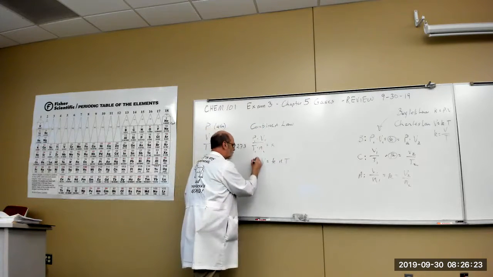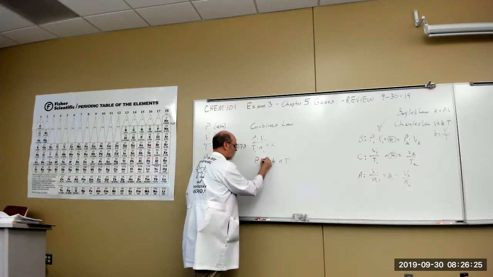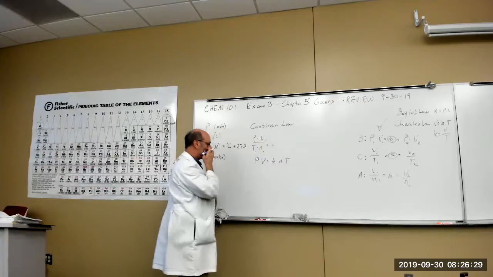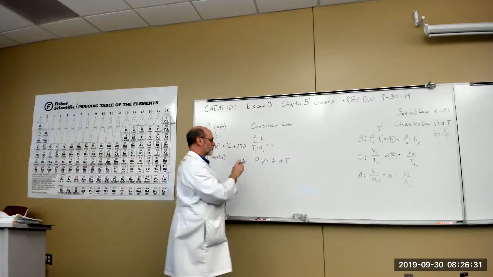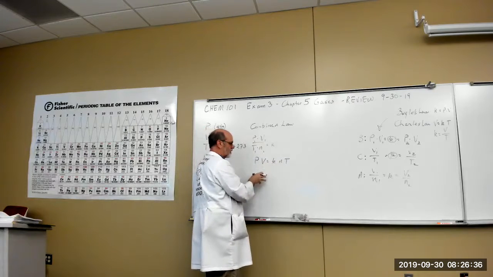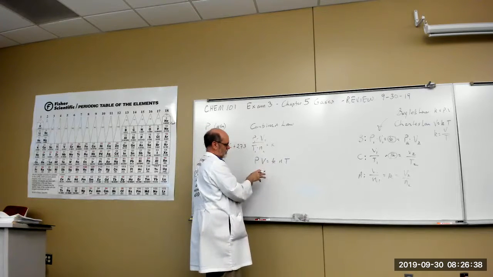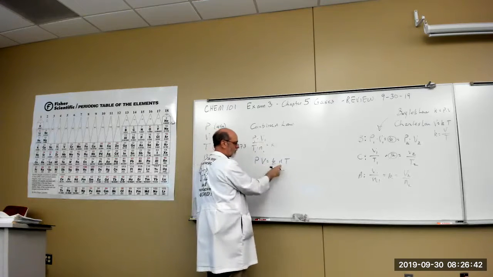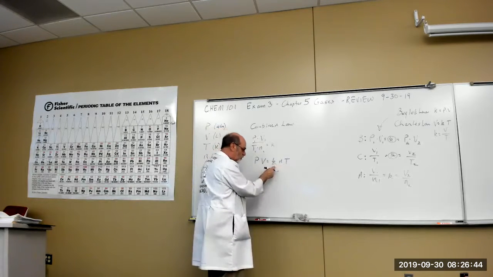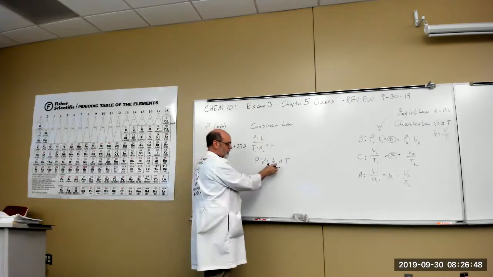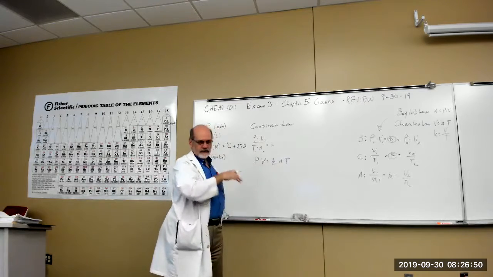Now we get an equation that we can use to determine any one of these values if we know three of them, plus the constant. Right? If we know this one, and that one, we can find out how many moles it is, as long as we know what that is. So we need a fixed value for this constant that does not change.